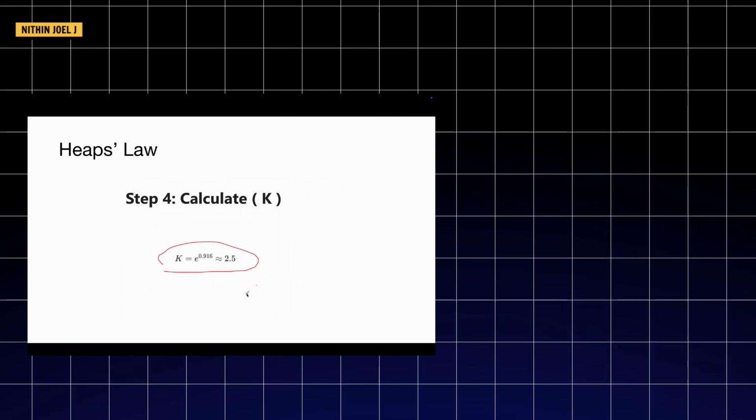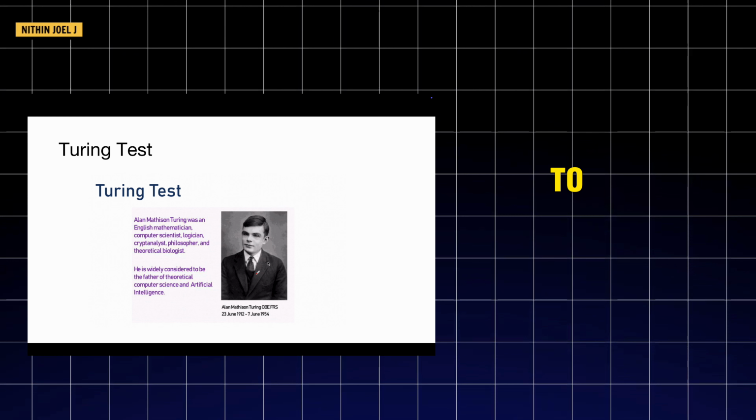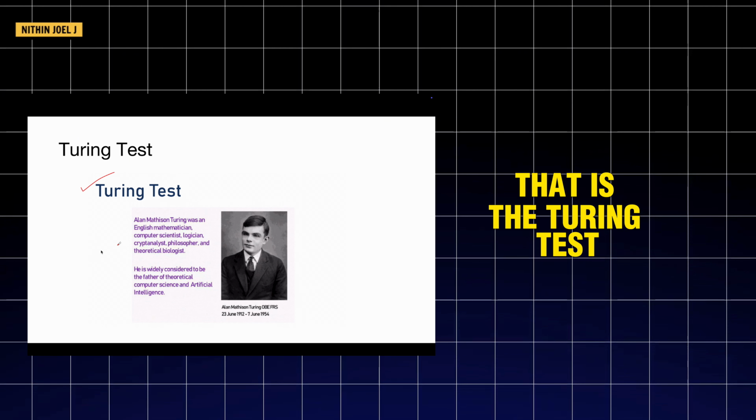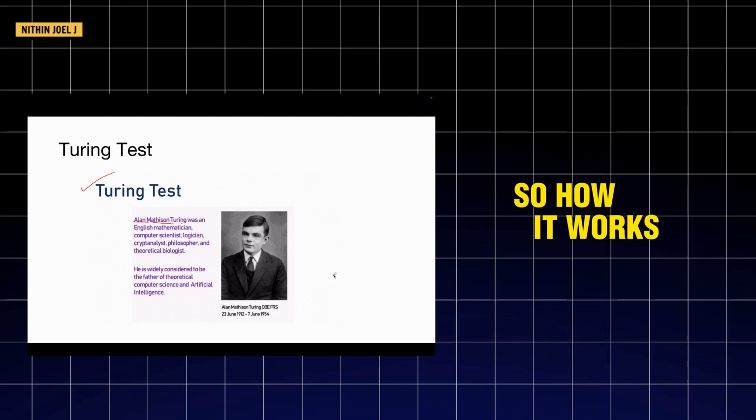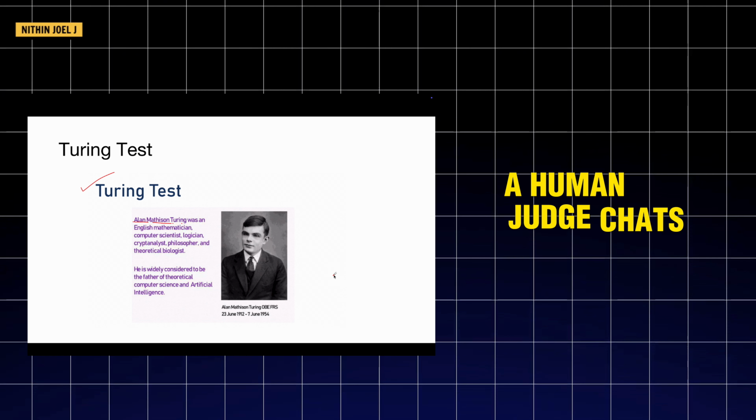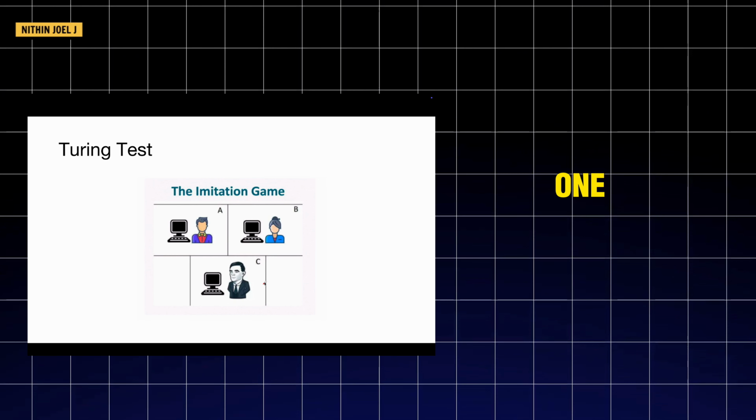Turing test. Now let's switch gears to one of the most iconic concepts in AI, the Turing test, named after Alan Turing. The Turing test is a benchmark used to test machine intelligence. So how does it work? A human judge chats with two participants. One is a machine, the other is human.